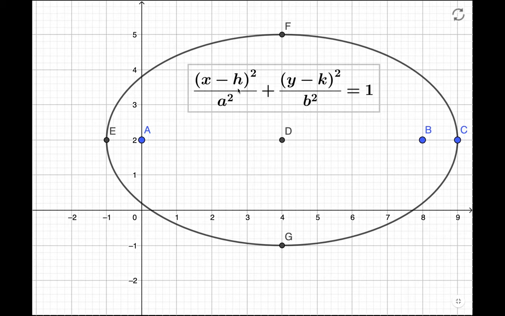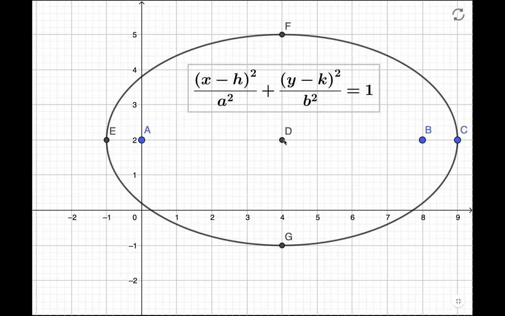Then we write two fractions, with the longer axis over the a squared. Remember, a refers to the major axis. So if this had been elongated upwards, the a would be underneath the y, not the x. But since it's longer horizontally, the a squared is underneath the x. And our a is from the center to a vertex.